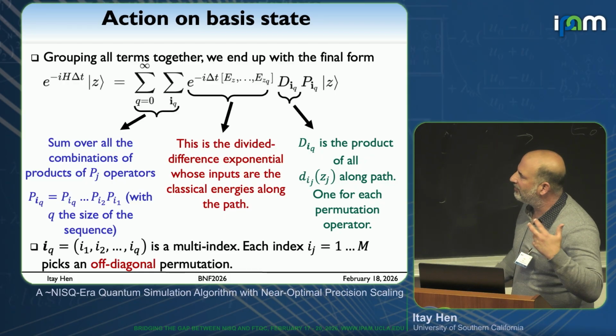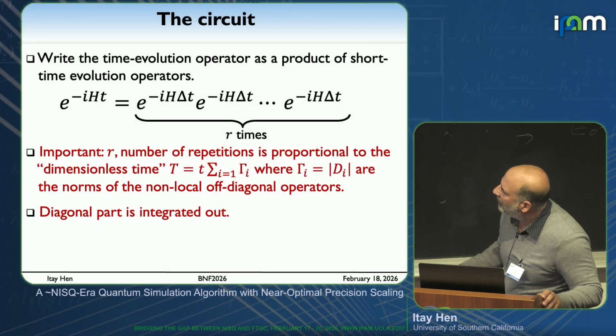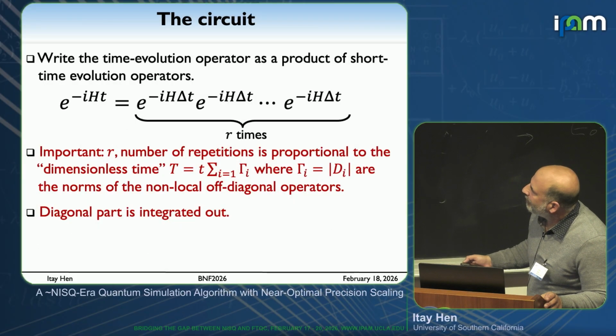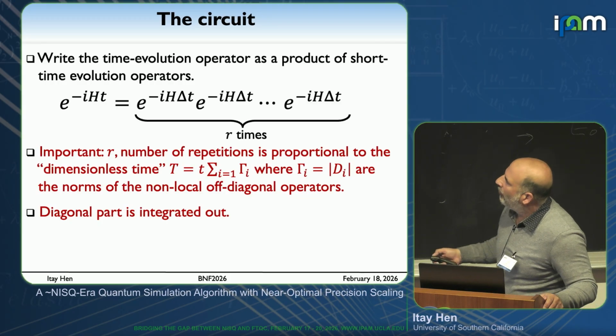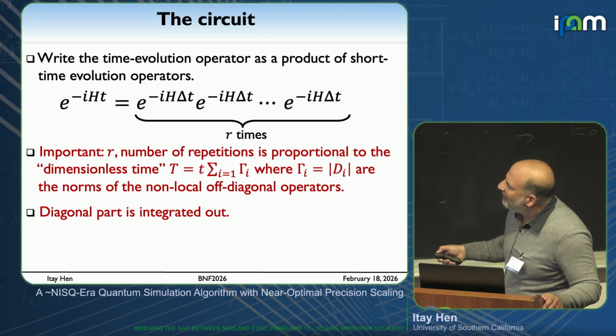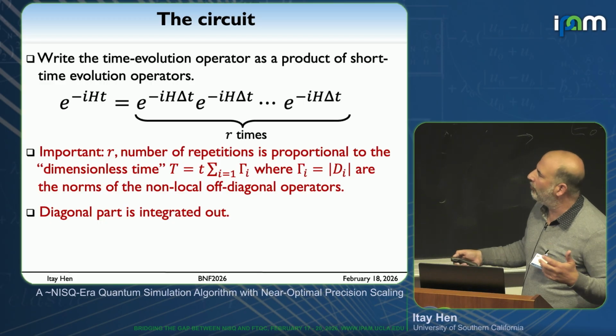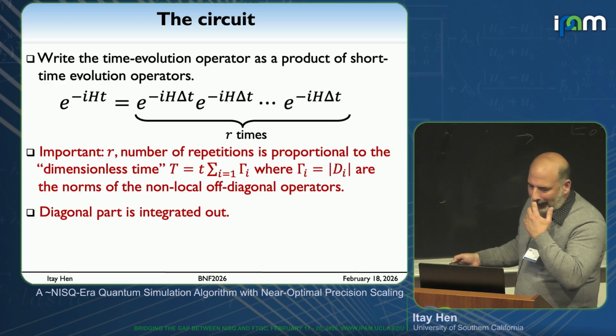And this means something. If you remember, the delta t's depend on the norm of the Hamiltonian.